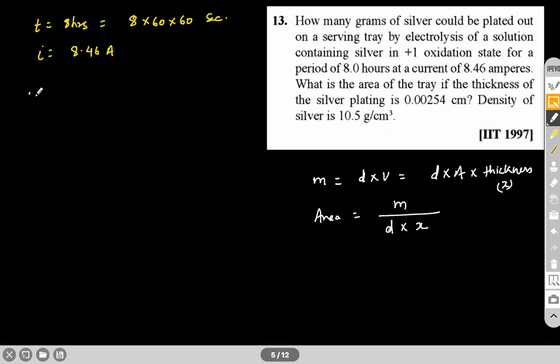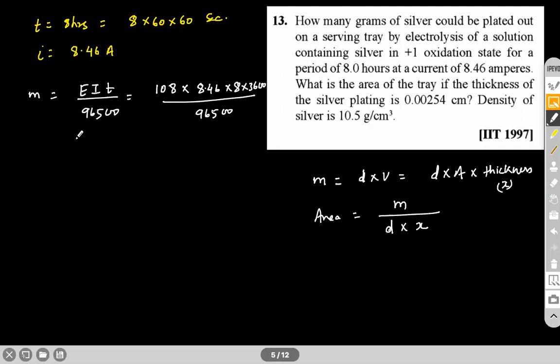Now for mass, we can write M is equal to EIT by 96500, right? E is the equivalent mass, and that would be 108 for silver. +1, so it will be 108 only. I is 8.46, and T is 8 into 3600. This whole thing is divided by 96500. Okay. So you can calculate this, and we'll find out the mass.